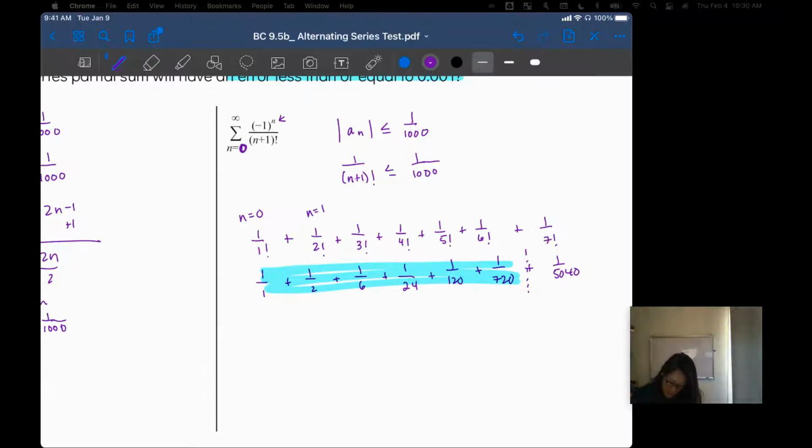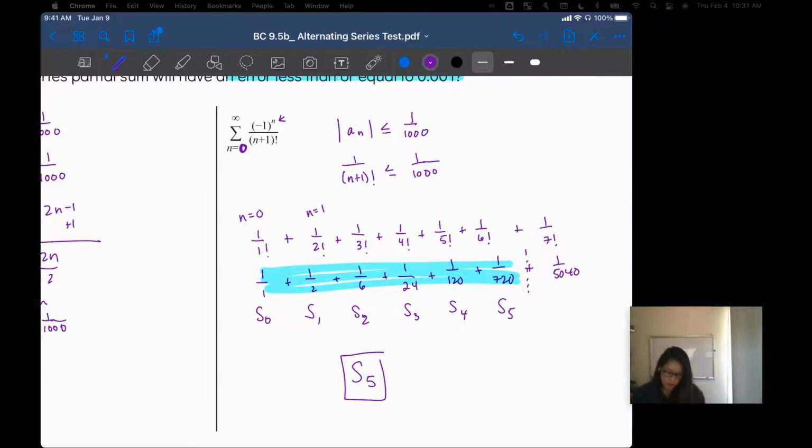One thing to remember is that this is the series S sub 0, S sub 1. Adding these 3 would give me S sub 2. Adding these first 4 would give me S sub 3, S sub 4, and S sub 5 because we started with n equals 0. So I would have to add up through S sub 5 to get an error less than 1/1,000.